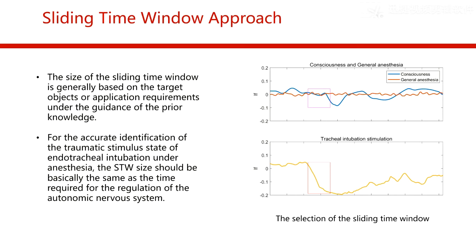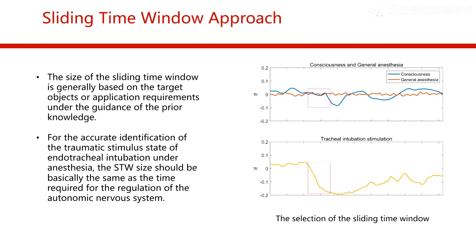The sliding window approach is mainly used to extract the features of the noxious stimulation. We can see that the LF signal has obvious sharp signal fluctuation when the noxious stimulation occurs. And we use the sliding window to capture this feature.